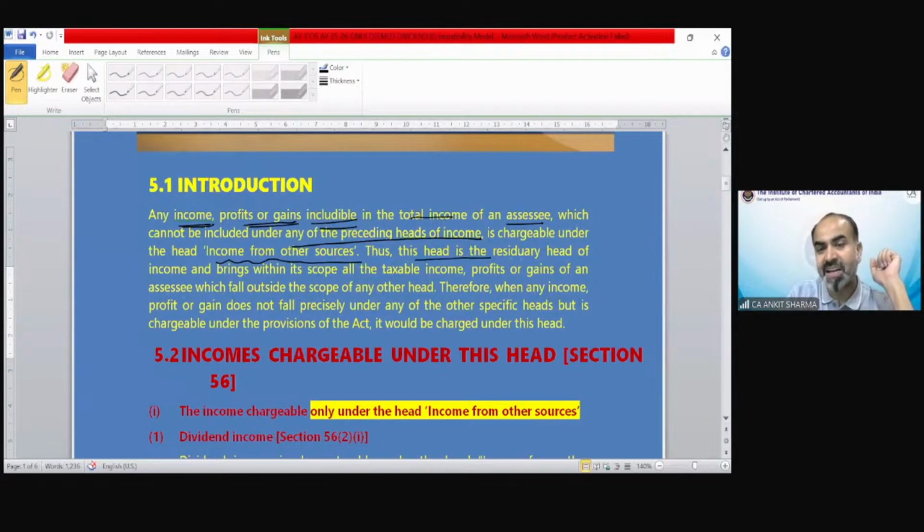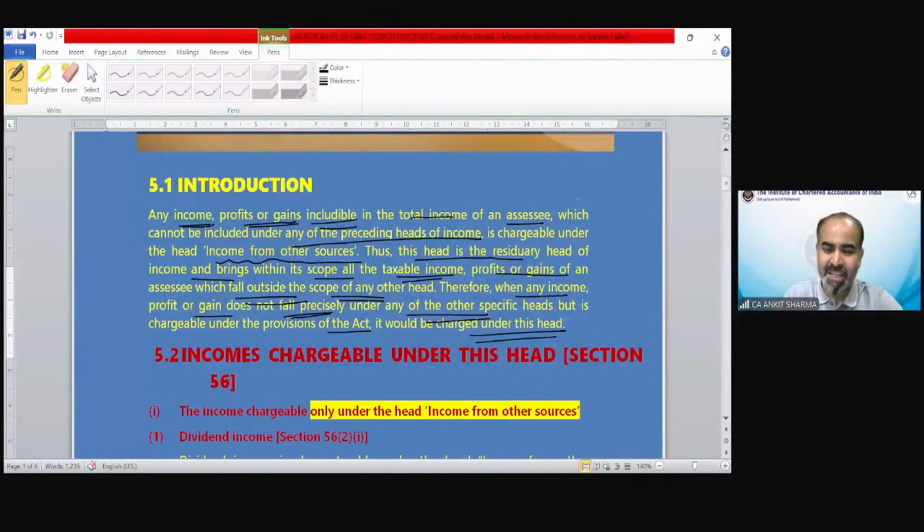Thus, this head is the residuary head of income and brings within its scope all the taxable income, profits, or gains of an assessee which fall outside the scope of any other head of income. Therefore, when any income, profit, or gain does not fall precisely under any other specific head, but it is chargeable under the Act, it is going to be taxed under income from other sources.